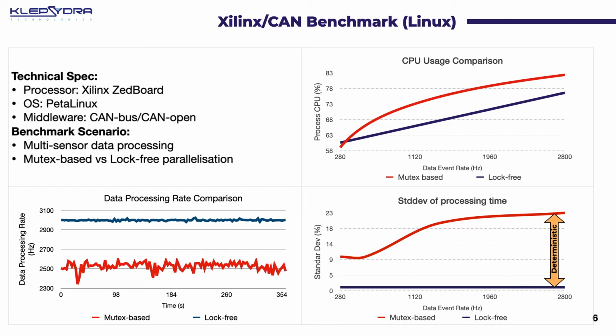In fact, you can see it in the chart on the bottom right. The top right shows how the processing power is much less in a lock-free solution like this. And again, this curve is completely linear, which is quite important in terms of processing power.